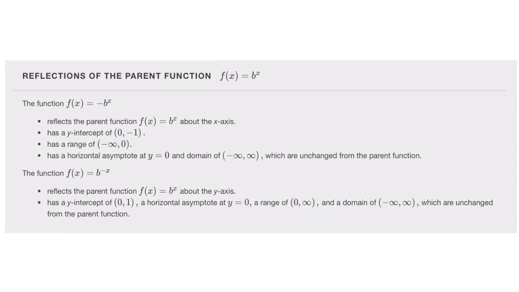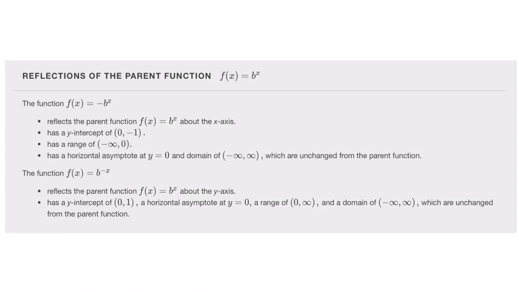With reflections, we're still working with the exponential function, right? With this first part, we multiplied the outside of our parent function by a negative. So that's like our y values are going from positive y to negative y. So it's going to flip vertically over the x-axis, right? So this reflects the parent function over the x-axis.